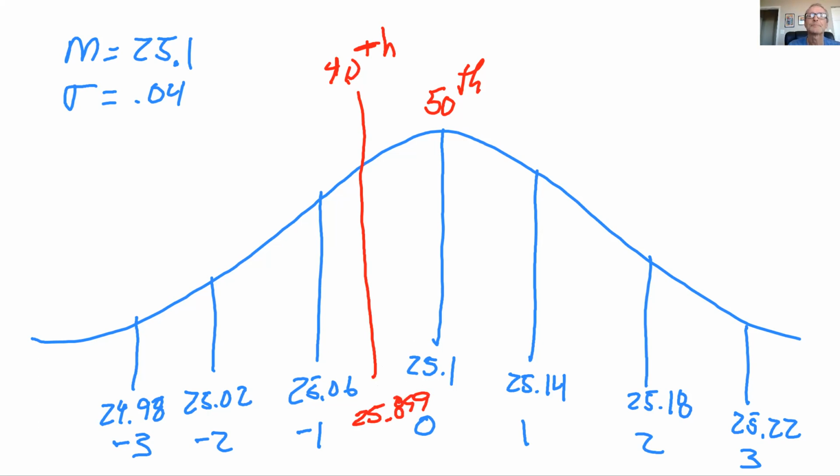Forgot my 0. And so you can see it fits right there. So that's physically the point. And so again, it gives you the exact algebraic value of the 40th percentile, which I find really good. Okay. So hit clear. Let's get rid of this.